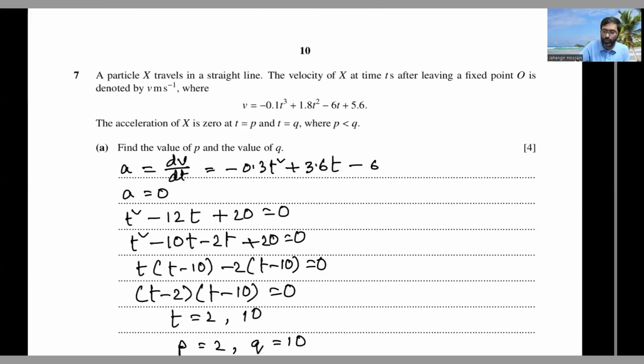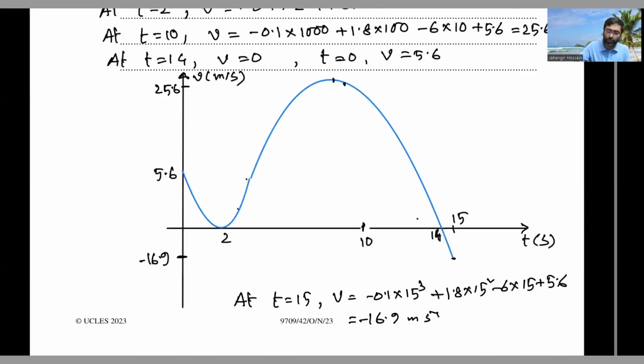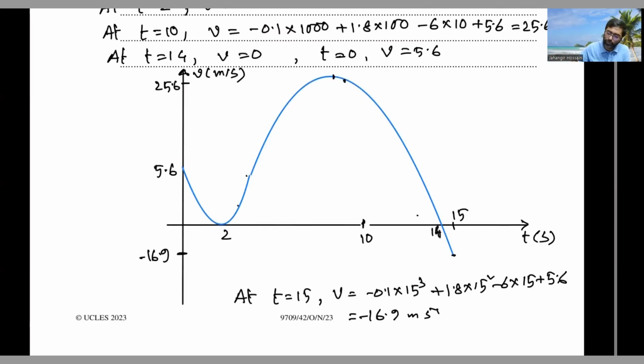If you look at the velocity time graph, from 0 to 14 seconds the velocity is positive, that is, it is moving forward. After 14 seconds, the velocity is negative, so it is moving backward. So it is returning.